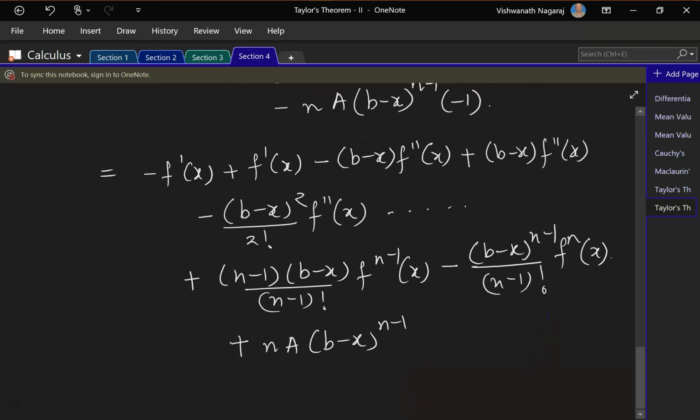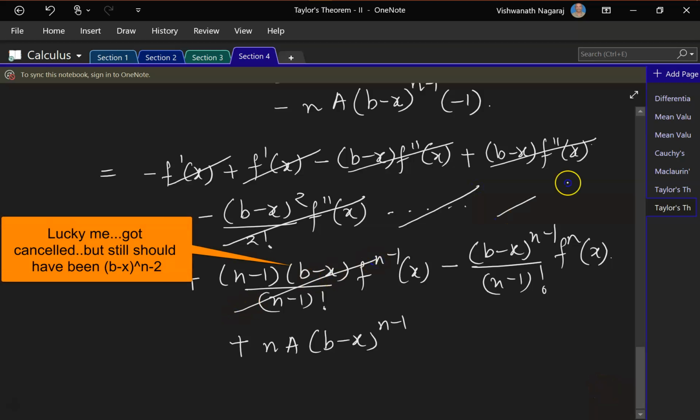And now what's the fun? What happens? This and this gets cancelled, this and this gets cancelled, this would get cancelled with the next term, and this will get cancelled with the previous term.